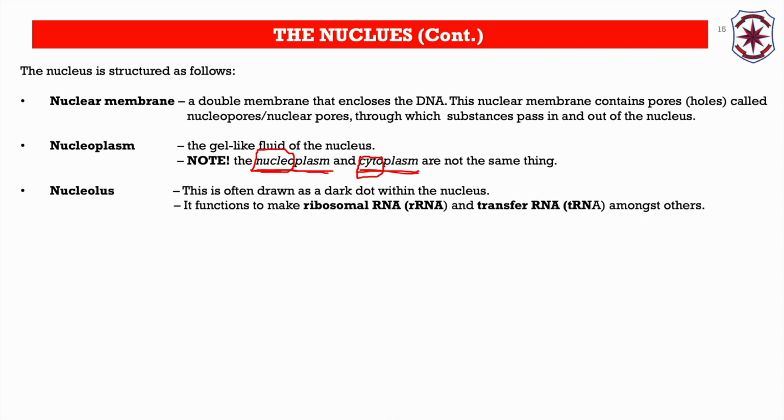The nucleolus is responsible for making ribosomal RNA as well as transfer RNA. You don't need to worry about what these two things are for now. In lesson 6, you will understand what ribosomal RNA is and what transfer RNA is. So be sure to look into the video of lesson 6. Just for now, you need to know that the nucleolus is where the ribosomal RNA and transfer RNA is made.